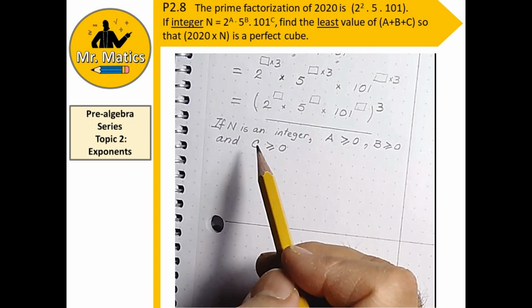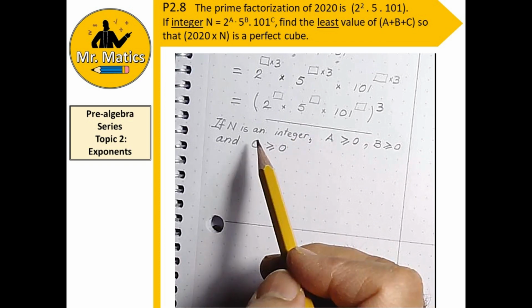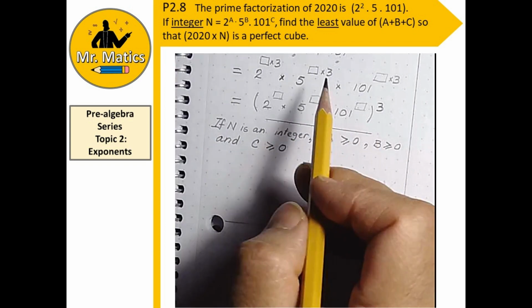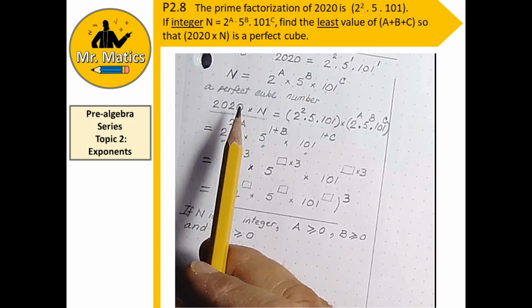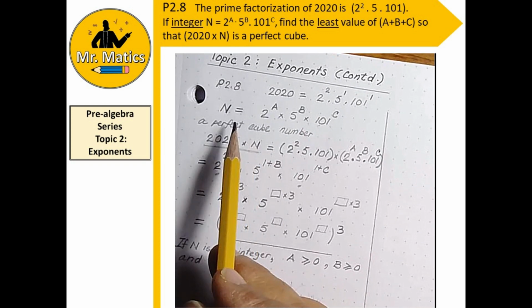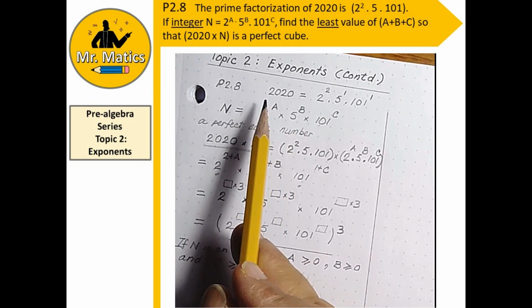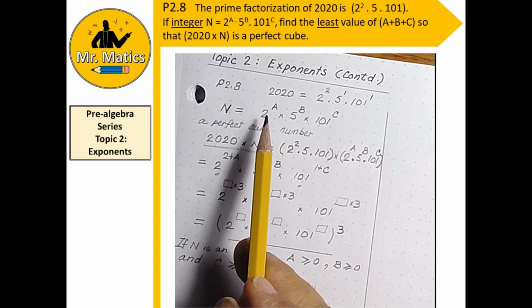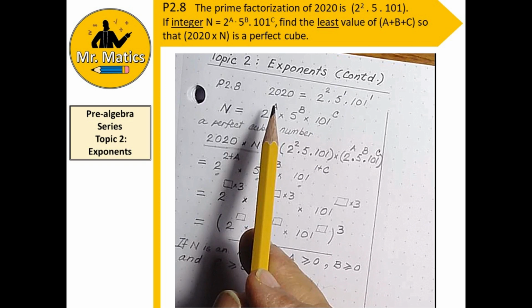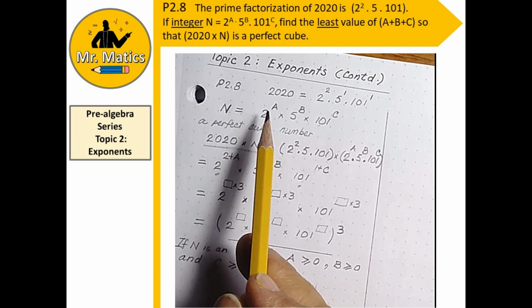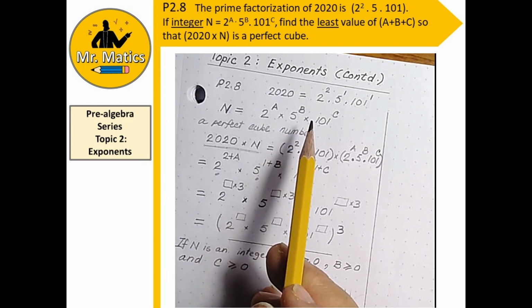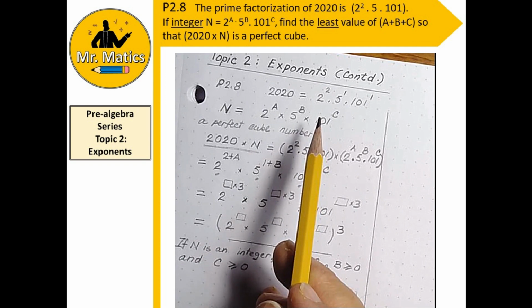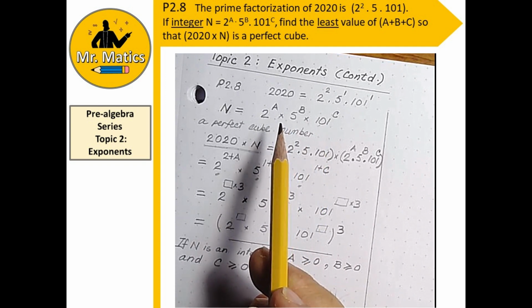Because if a is less than 0, then n becomes a number which is divided by 2. So let's say a is negative 1, then it becomes 5 power b times 101 power c divided by 2.